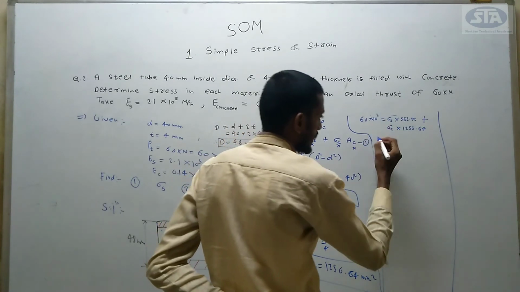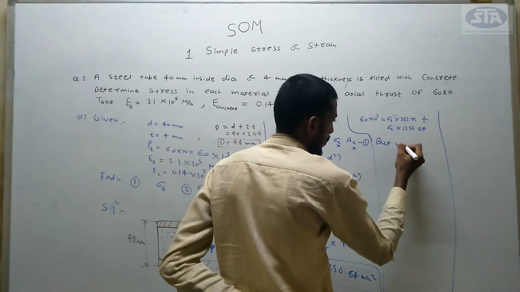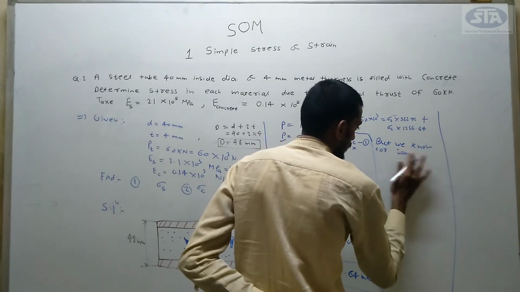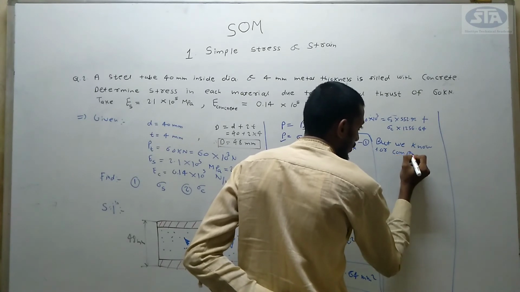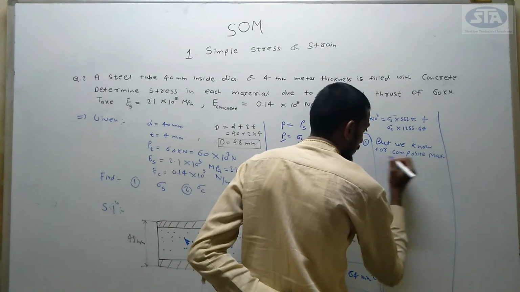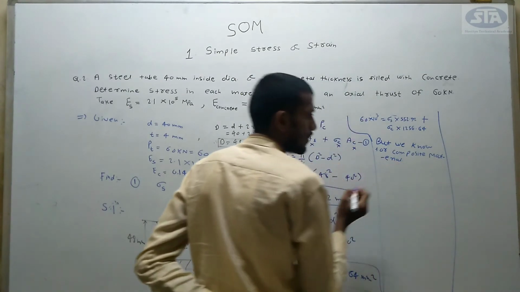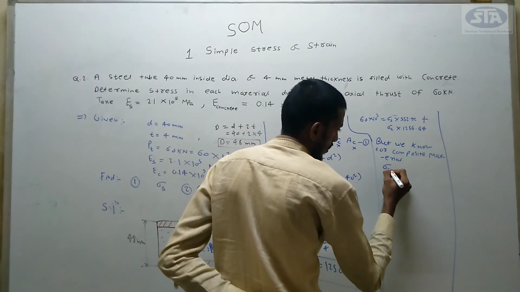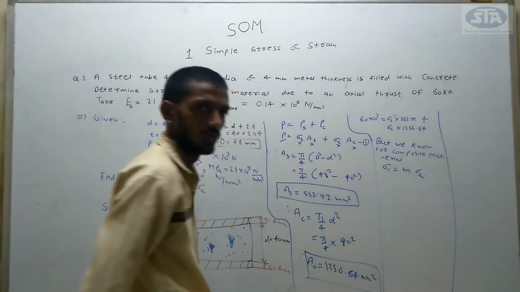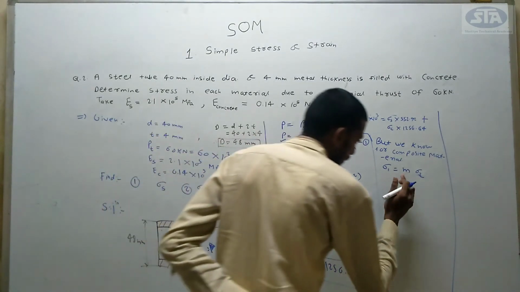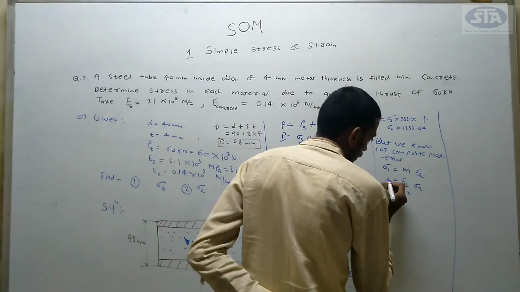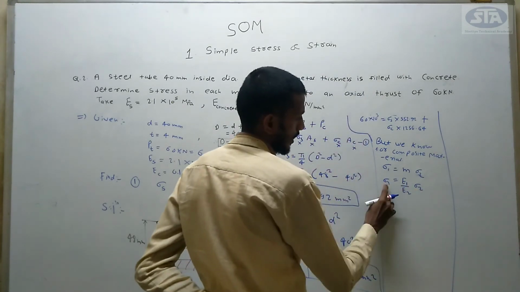But for composite material, we know another formula: sigma 1 is equal to m times sigma 2, where m is called E1 by E2, into sigma 2, and is equal to sigma 1.